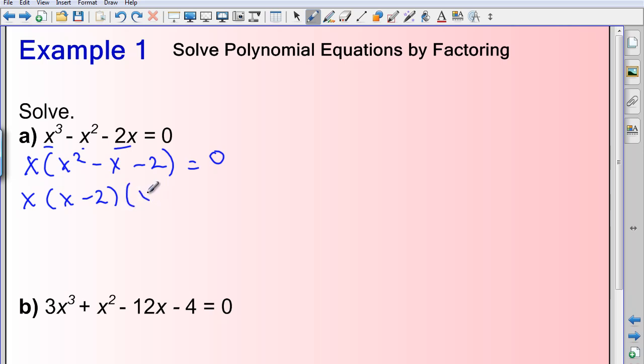By writing the equation in factored form, we can not only identify the factors, but also the x-intercepts. So the graph crosses the x-axis at 0, don't forget about the x out in front, positive 2, and negative 1.